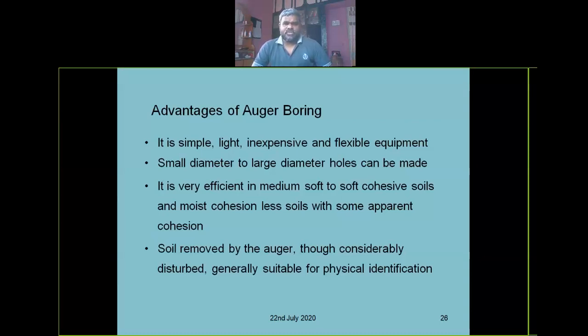Small diameter to large diameter holes can be made. It is very efficient in medium and soft cohesive soils, but also moist cohesionless soils with some apparent cohesion, right? And soil removed by the auger, though considerably disturbed, is generally suitable for physical identification of the soils.